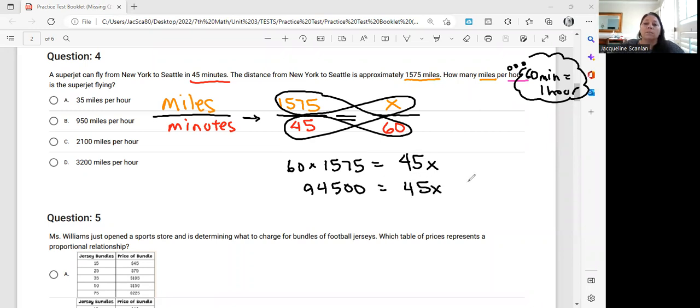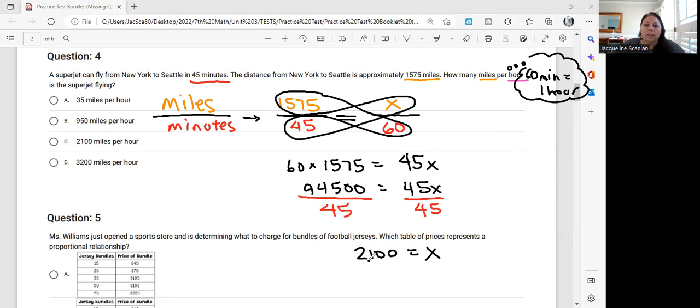And to solve this, I'm then going to divide both sides by 45 to get x by itself. So x equals 94,500 divided by 45, and I get 2,100.